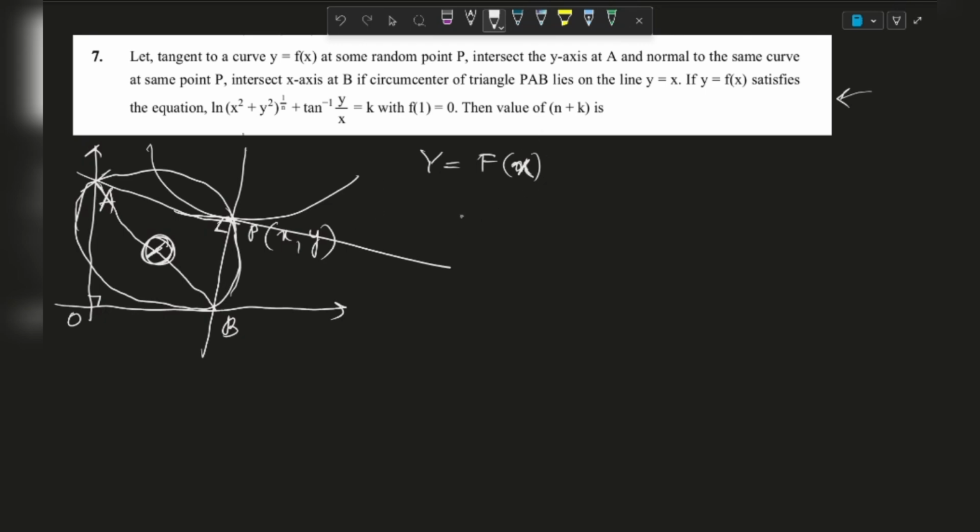To find the equations, it's pretty easy because the tangent's equation here will be capital Y minus small y equals f dash x, the slope, which is capital F dash x, times capital X minus small x. Please note small f and capital F are the same.